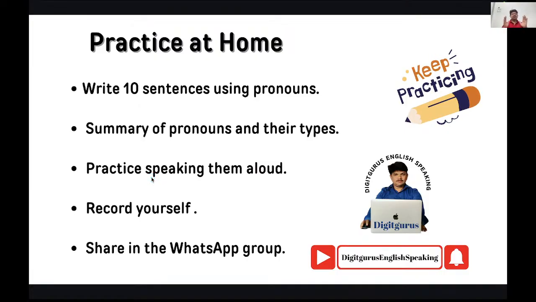You may take a screenshot of my chart or table, and you can paste it in front of the mirror or on the wall so that it will be very easy for you to recall and practice. Use as many sentences as possible using these different types of pronouns. Then you will learn them very well.